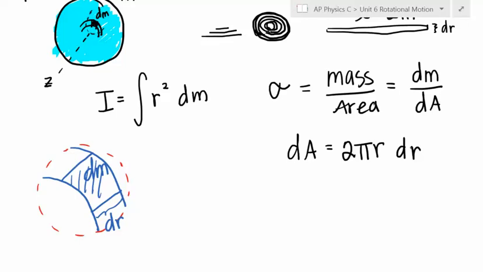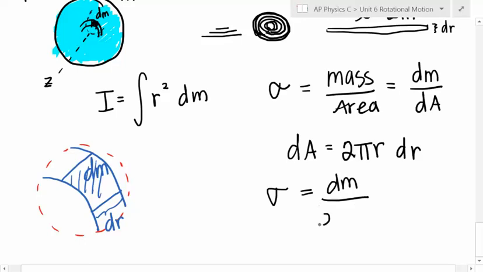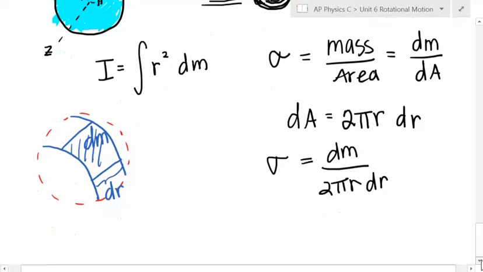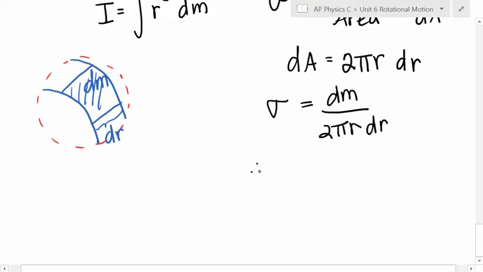And length times height gives you area. So that means that sigma could be dm over 2 pi r dr. Therefore, dm can be written as sigma, the mass per area, times 2 pi r dr.